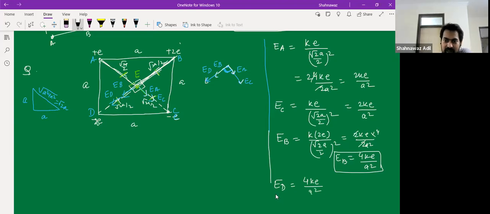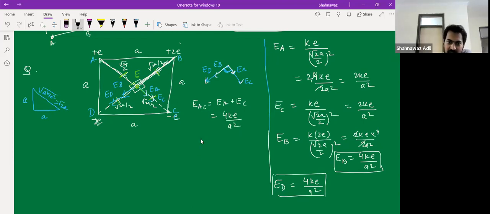Now we know all these are magnitudes, right? EA and EC are in the same direction. So EAC would be just EA plus EC. That would be 2KQ by A square and 2KQ, so 4KQ by A square.